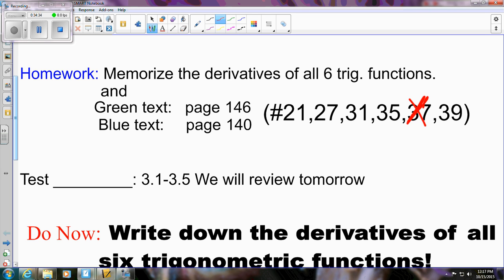How do you get the location of a horizontal tangent? 0. So you have to get the derivative and set it equal to 0. And then once you know the x-coordinate, you can plug that into the function to get the y. So if you want to know where a graph has a horizontal tangent, you've got to first get the derivative, set it equal to 0, and solve for x.